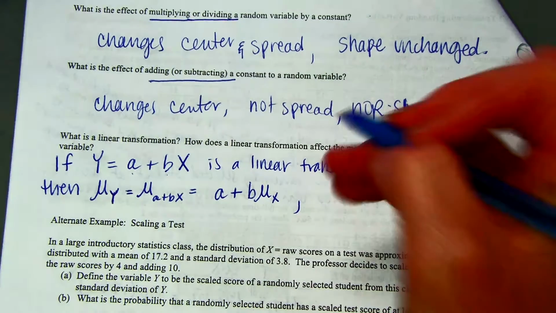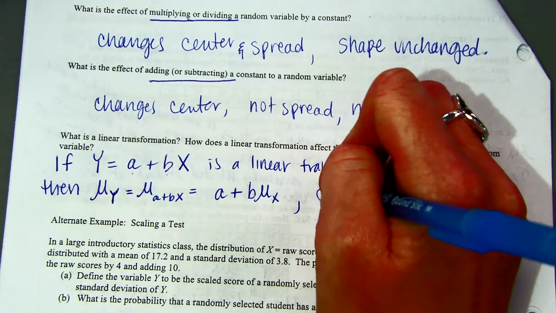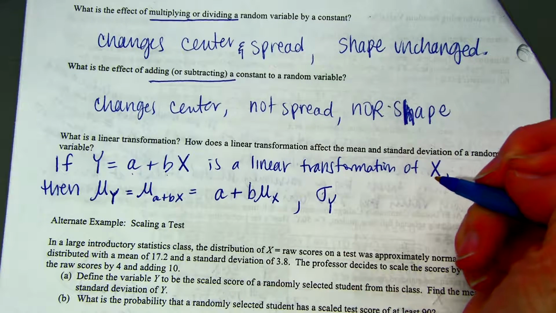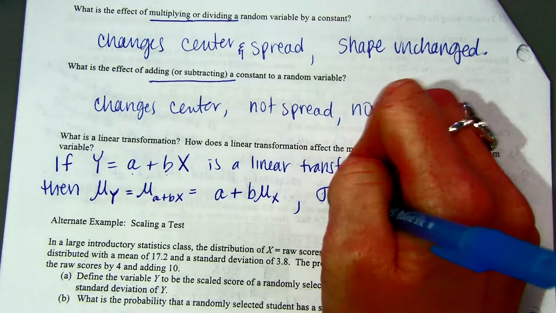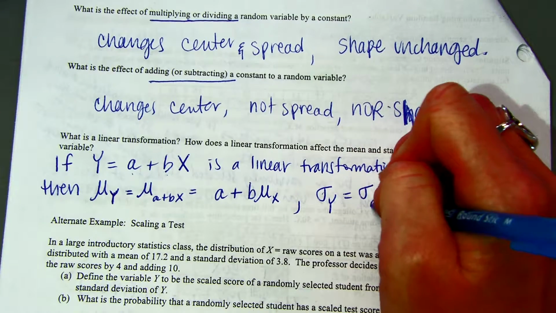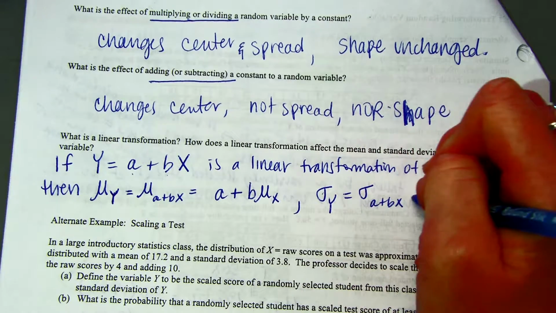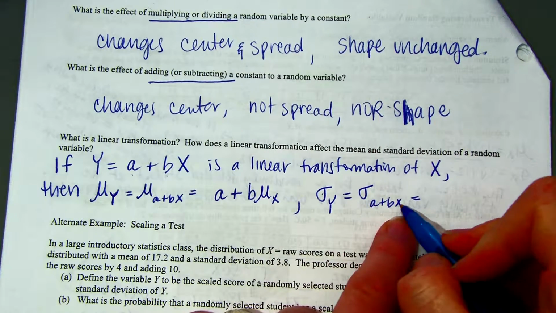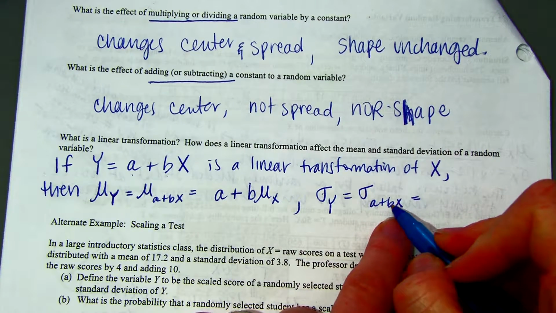I can also calculate the standard deviation of y. I can write sigma sub a plus bx, and then ask myself, if I have my random variable and I multiply it by some value, does that change the standard deviation? Yes.